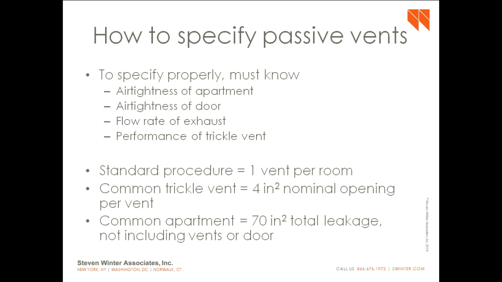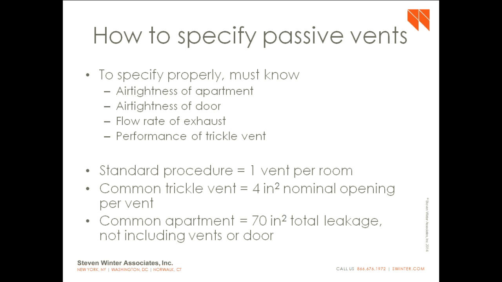So we're often asked by architects, how do you specify a passive vent? And it's kind of a tricky question because you need to know a lot of things. You need to know how tight the apartment's going to be, how well weather stripped the door is going to be, and how airtight it is.